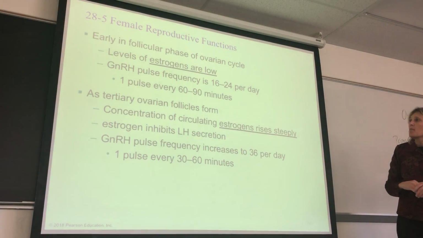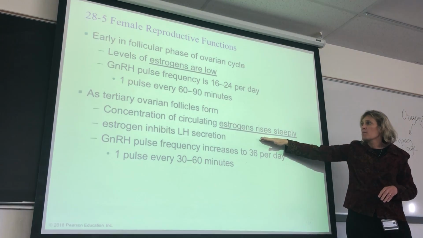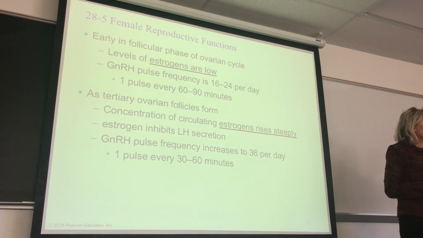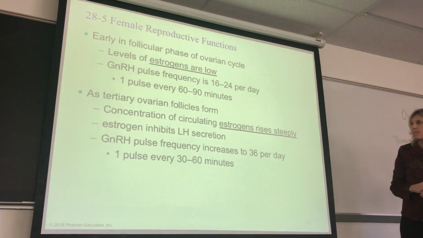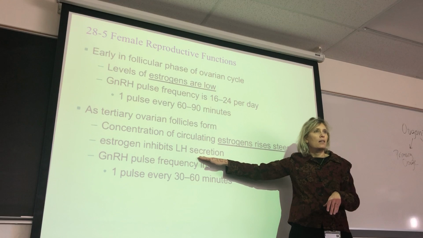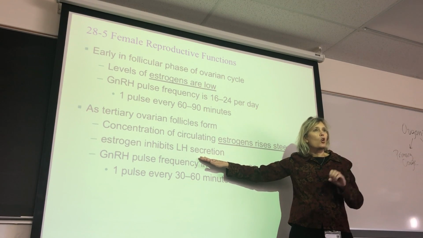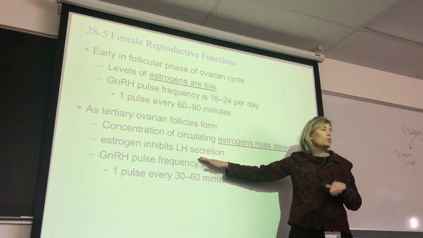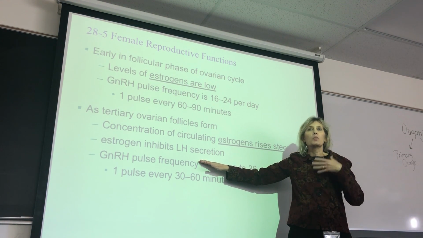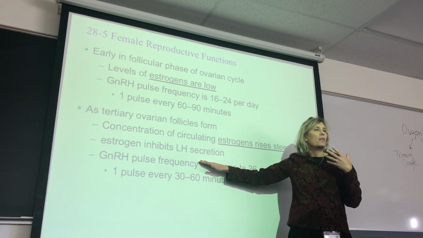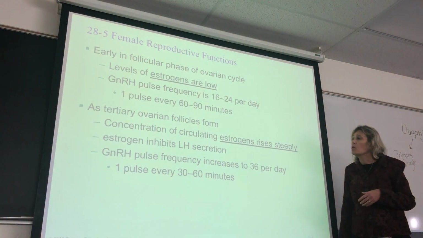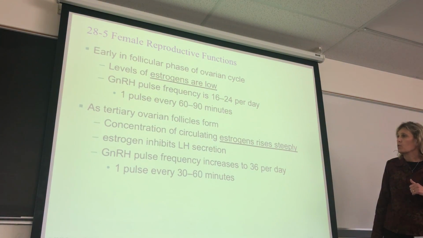As the tertiary follicles form, the estrogens rise really steeply because all those follicle cells are releasing estrogen. The estrogen inhibits luteinizing hormone. We don't want luteinizing hormone released too suddenly because luteinizing hormone is going to cause ovulation. We want that follicle to completely develop. We want that oocyte to completely develop into the secondary oocyte and halt in metaphase 2.